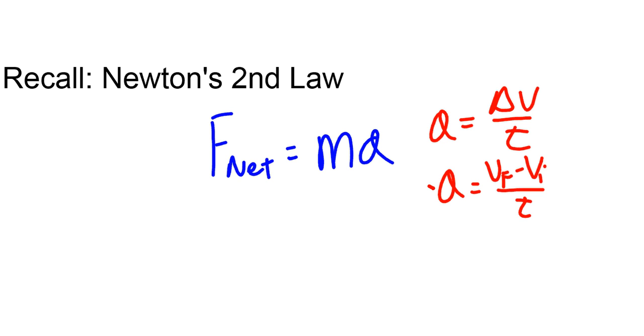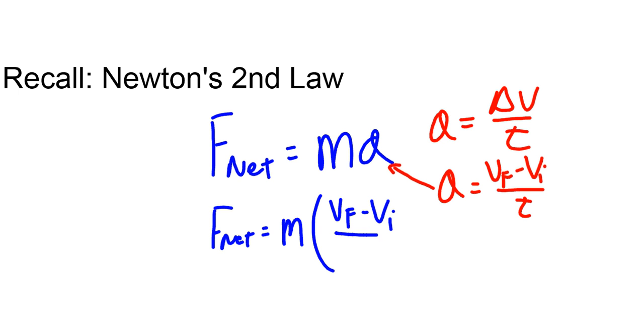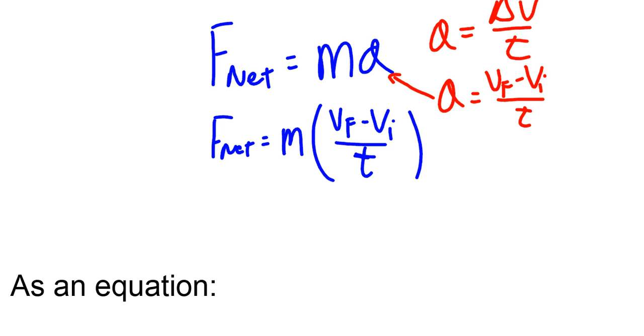So we're going to go ahead and plug that in for acceleration. Rewriting, we get the net force on an object is equal to its mass times the change in velocity divided by time. Now, through some cross-multiplying, we can solve in terms of the concepts of momentum, forces, and times.